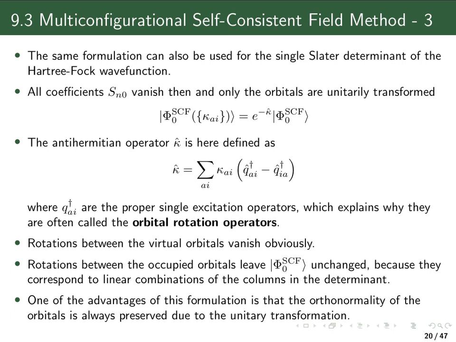And here for the Hartree-Fock case, we only replace occupied by virtual orbitals, because rotations between two sets of virtual orbitals vanish if we start with one determinant where we only have occupied orbitals. And rotation between occupied orbitals doesn't change the total wave function because it corresponds just to making linear combinations of the columns in the Slater determinant, and that doesn't change the value of the Slater determinant.